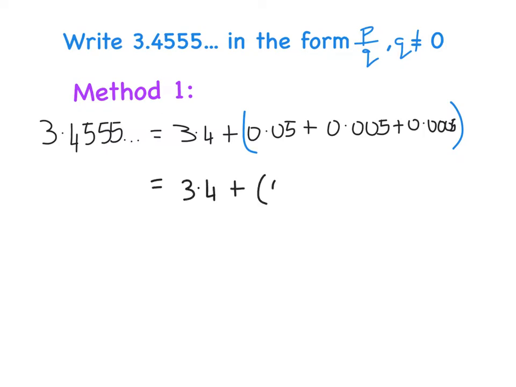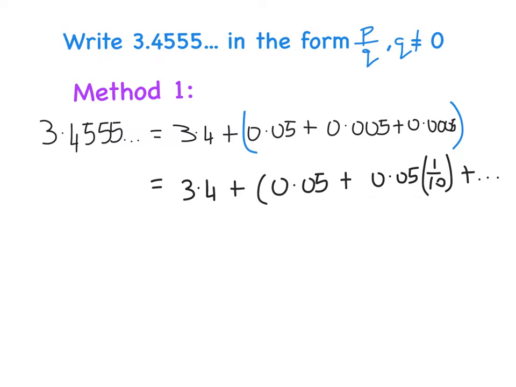Now my first term here is 0.05, and after that, as it goes on, it's the previous one multiplied by 1/10. And so what we have again is a geometric series.